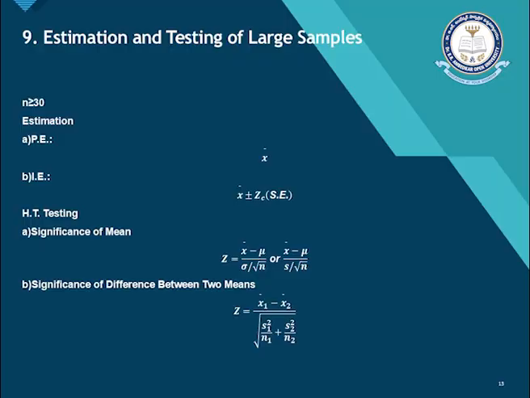The test statistic is Z is equal to the sample mean minus the population or hypothesized mean, divided by the standard error, and the standard error formula is the standard deviation divided by the square root of the sample size.